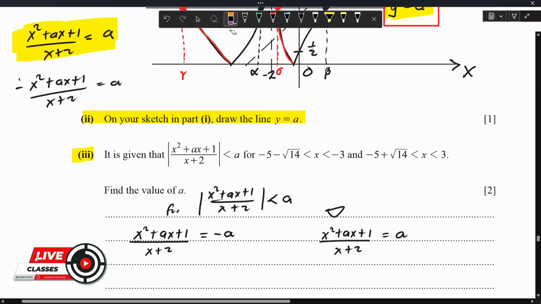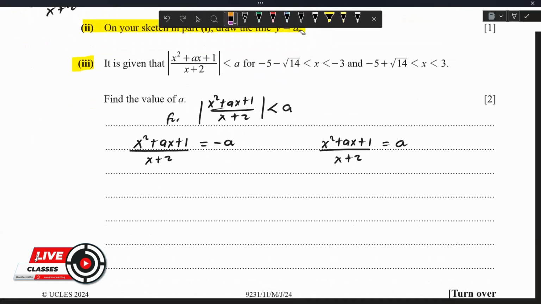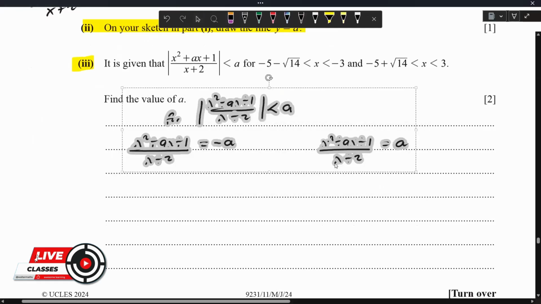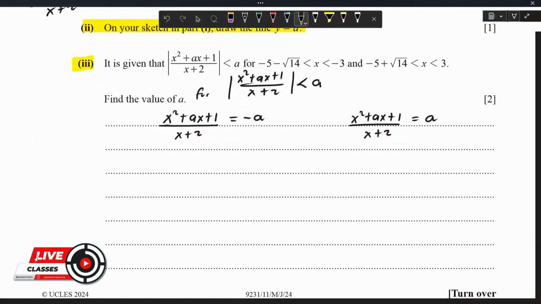Anyways, let's carry on. Let's see if we can make sense of what we have. Because we have little space here, we need to economize it. We're going to multiply both sides by x plus 2. So x squared plus ax plus 1 is equal to minus ax minus 2a, which gives x squared plus 2ax plus 1 plus 2a equal to 0.